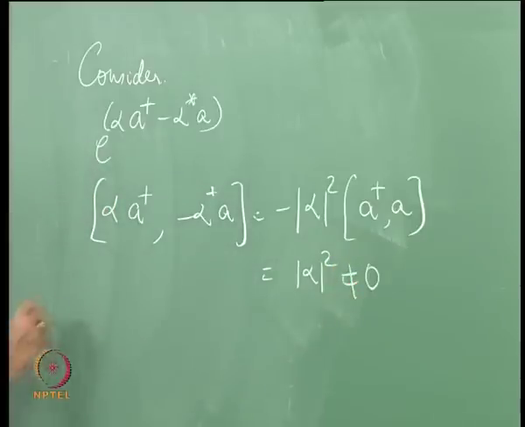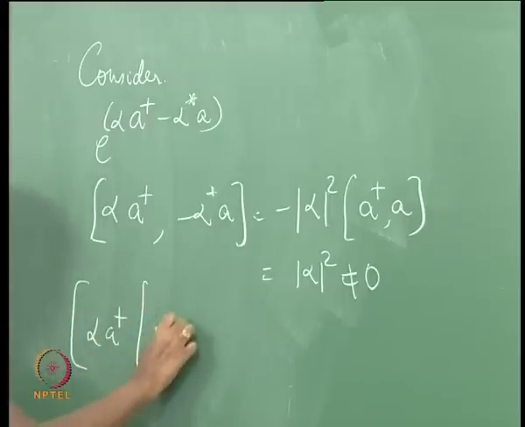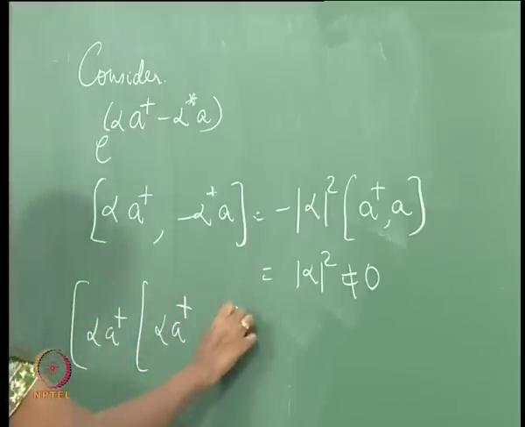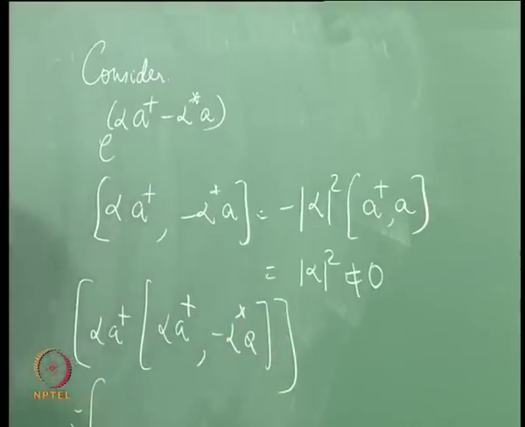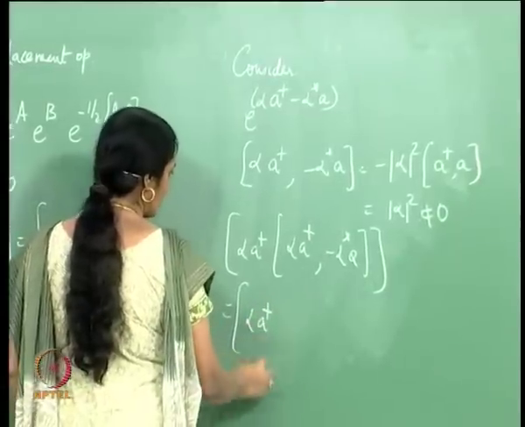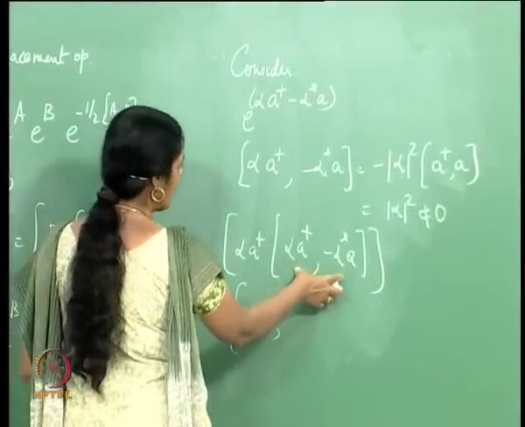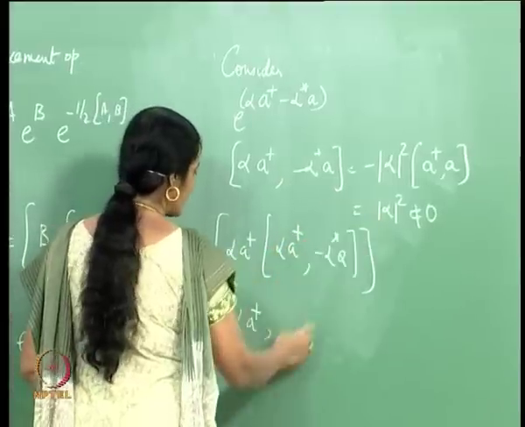Now look at the commutator of a with b. Now this object is simply the commutator of alpha a dagger. I have just evaluated this here, and this is a number.